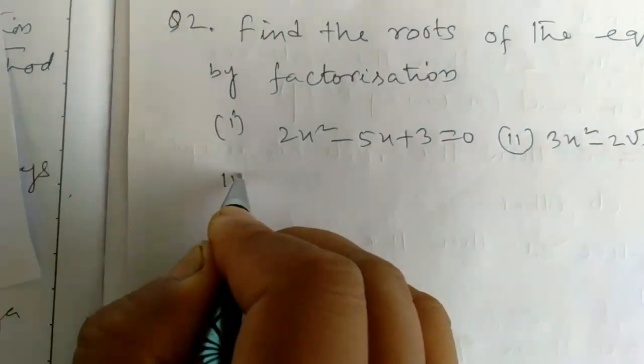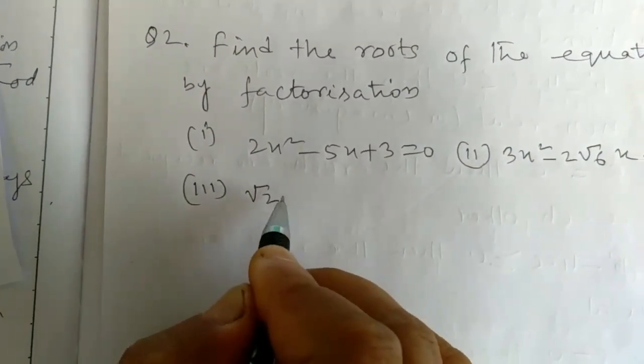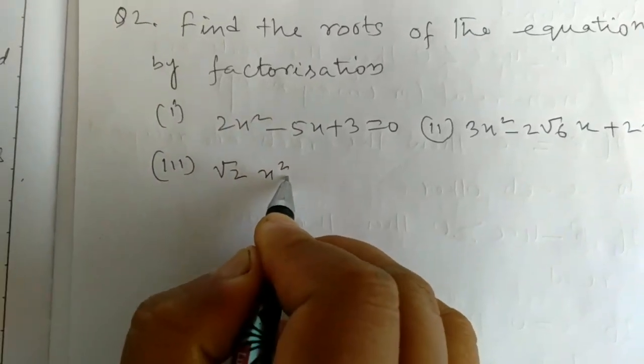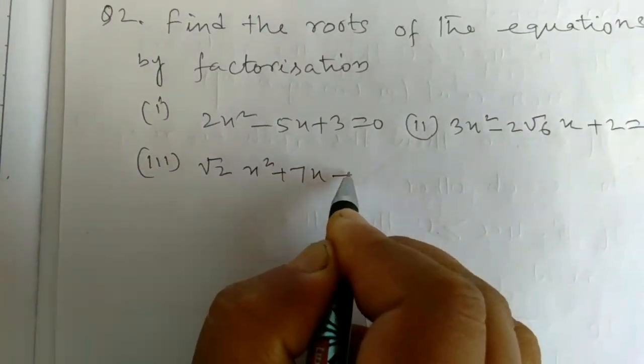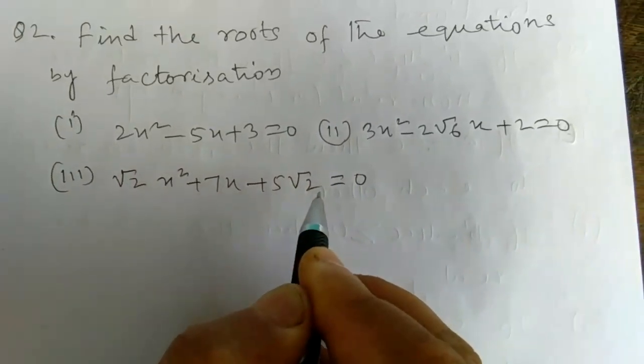Number 3, root 2 x square plus 7x plus 5 root 2 equal to 0.